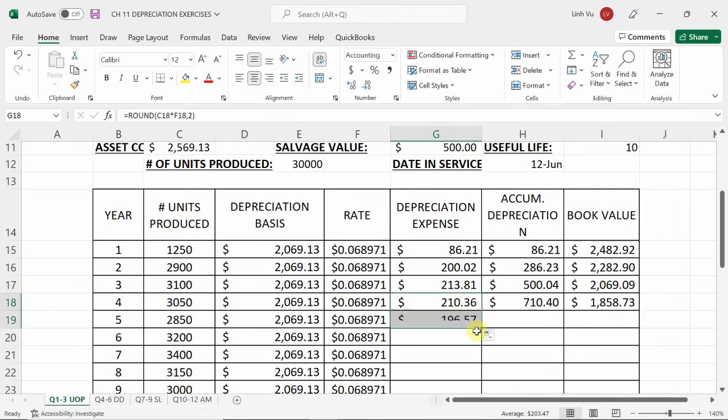$196.57. Okay. So then what is my accumulated depreciation? $906.97.